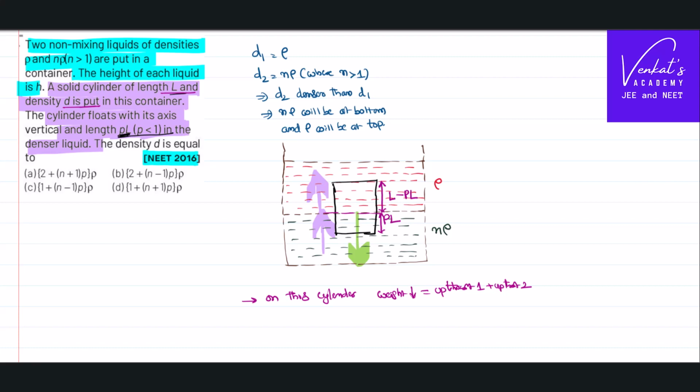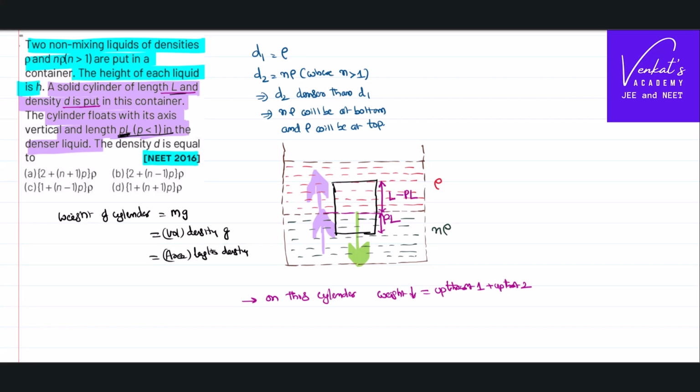How can I equate that? Weight is equal to mass times g. The weight of the cylinder is mg, where m is the mass of the cylinder. Mass can be written as volume times density of the cylinder. Volume is area times length of the cylinder.